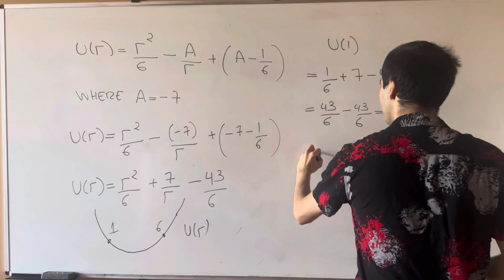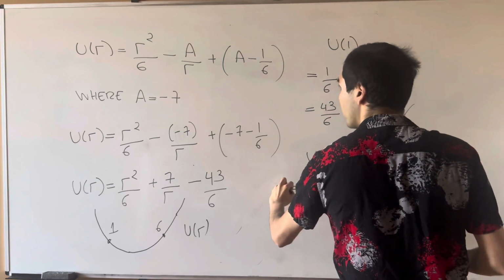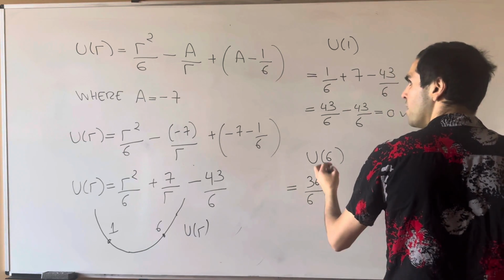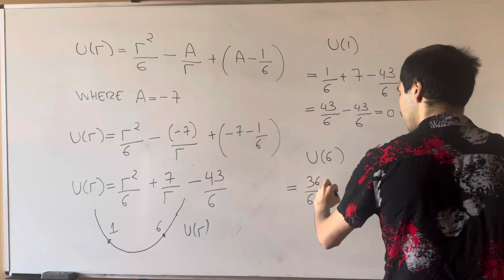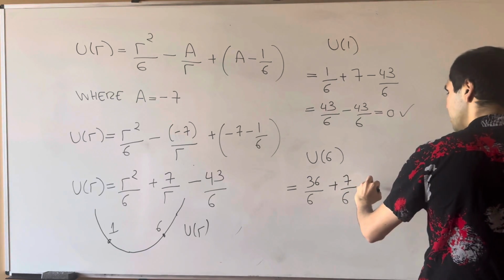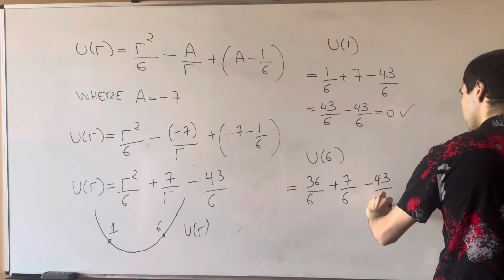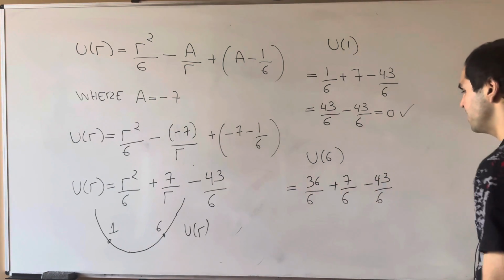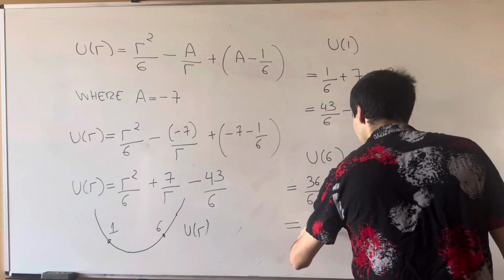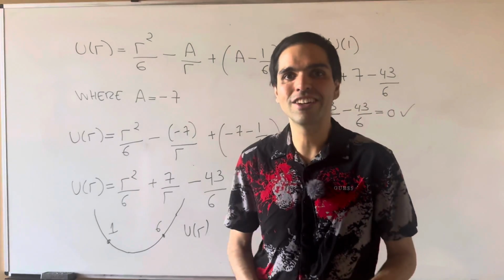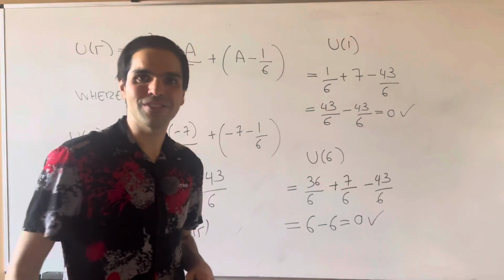And then u of 6, well, that becomes 36/6, and then plus 7 over 6 minus 43/6. And well, 7 minus 43, that is minus 36. So we do get 6 minus 6, which is 0. So at least the boundary conditions are satisfied, which is some good news.